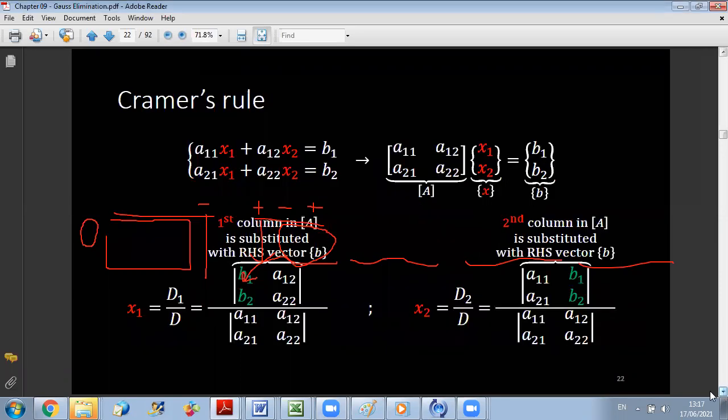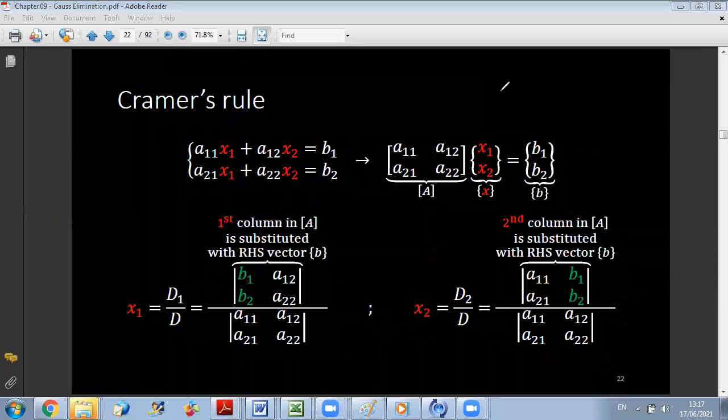In case I have 2 or 3 equations, Cramer's rule is as we said. I just replace. The technique is illustrated here. You just need to find x1: it's determinant d1 over d, as I told you before.